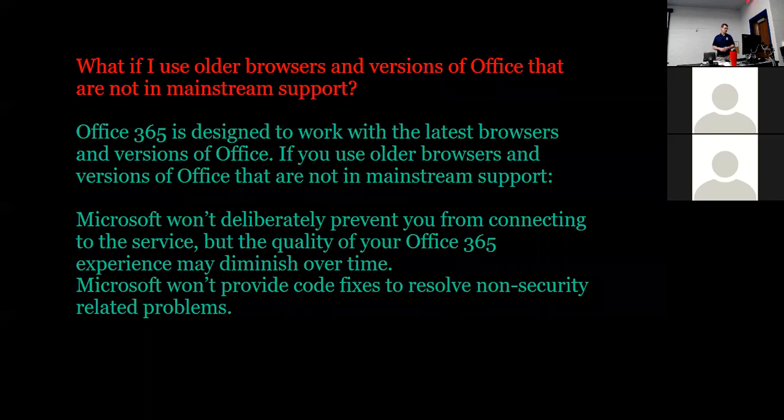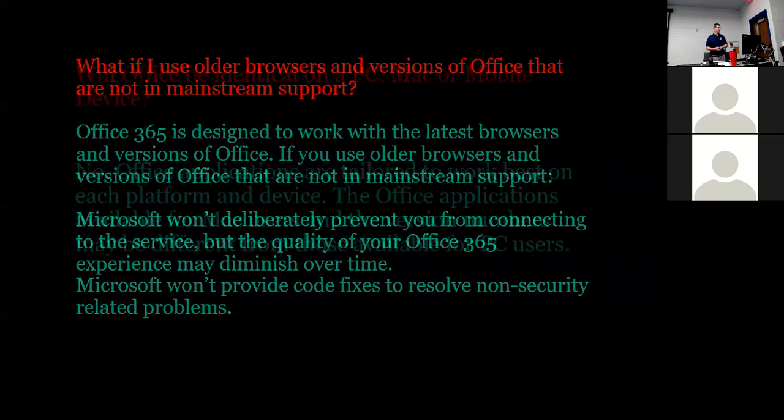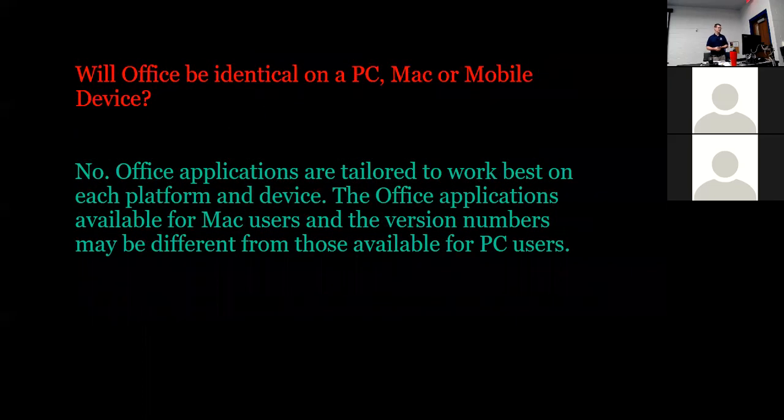And they will not provide code fixes for that. Whenever you call tech support and say something's not working, the first thing we're going to ask is, is everything updated? Will Office be identical on a PC, Mac, or mobile device? That's been covered, and the answer is no. They'll provide an ongoing, evolving amount of similarity and functionality.